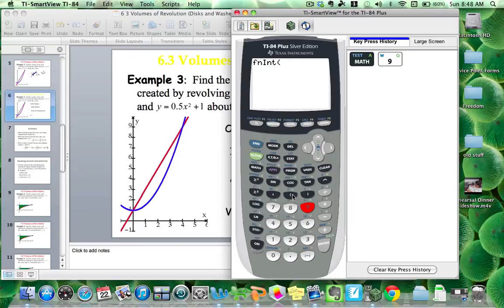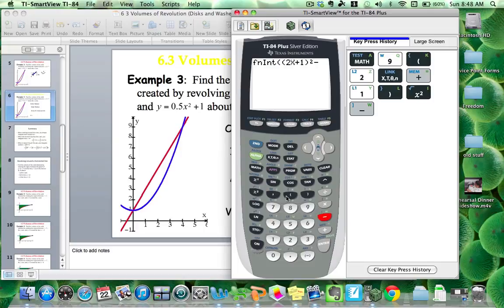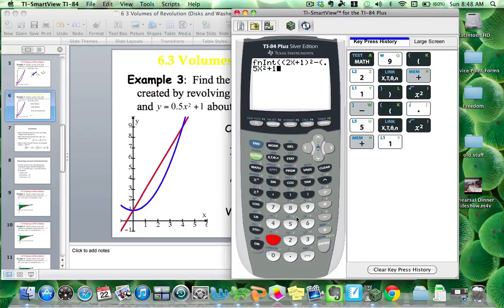I need to set a parentheses around my big R, which was, I believe, 2x plus 1, close the parentheses, squared, minus my little r, which was 0.5 x squared plus 1, close parentheses, squared. So what I have here is big R squared minus little r squared.